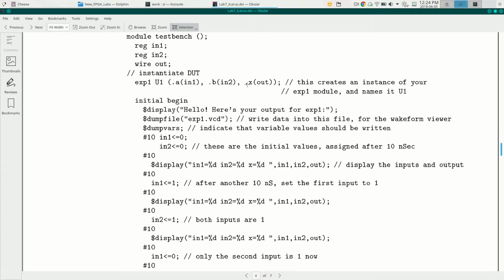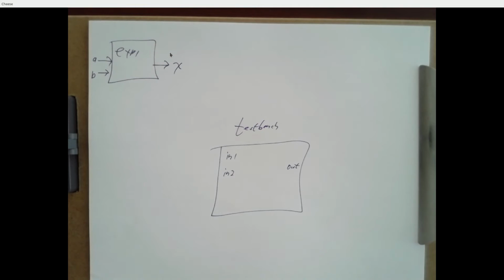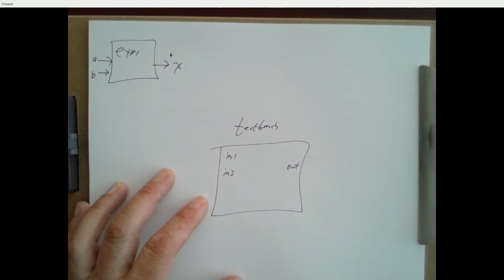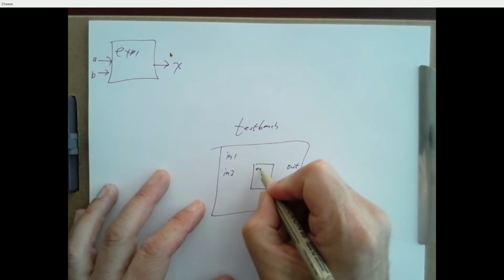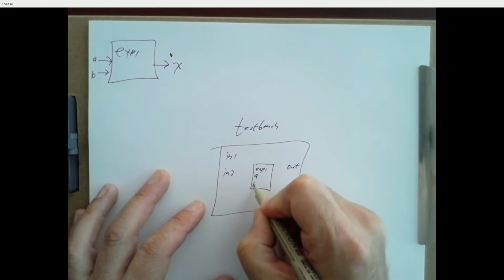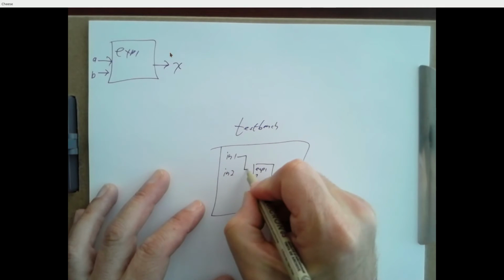And what is test bench? It's got, these are kind of internal, it's got an in1, an in2, and an out. And when we make that instantiate statement, what we're doing is we're saying I want to take exp1 with A, B, and X, and I want to connect them like this.